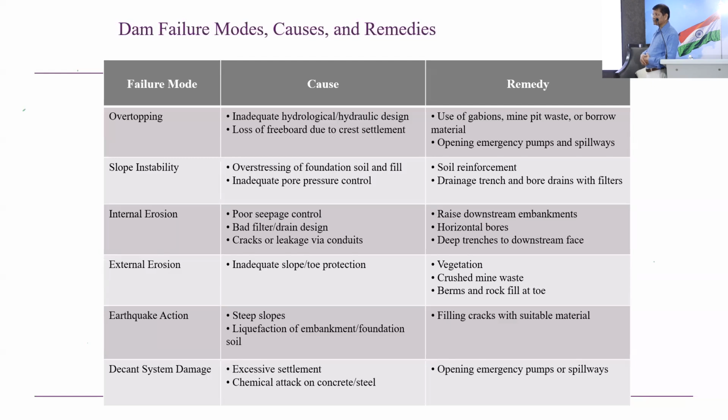Again, earthquake, definitely failure can occur due to earthquake. And the decant system we use for the removal of surface water. If there is a failure of the decant system, surface water cannot go and you get more and more surface water.